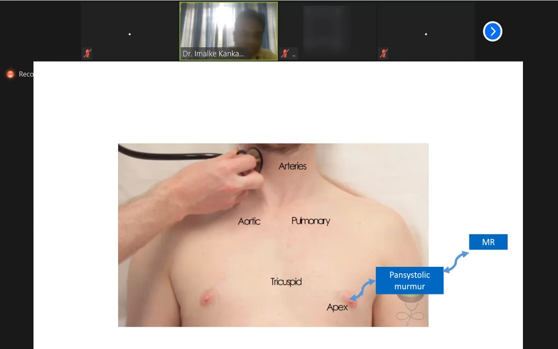This scenario will come to you in the presence of rheumatic valvular heart disease, so the child will be around 14, 15, 16 years. Because you start your auscultation with this, if you hear this, then you have to look for an aortic regurgitation murmur as well.